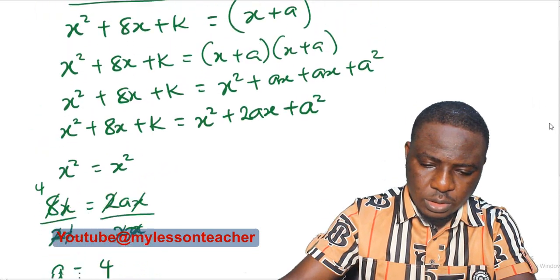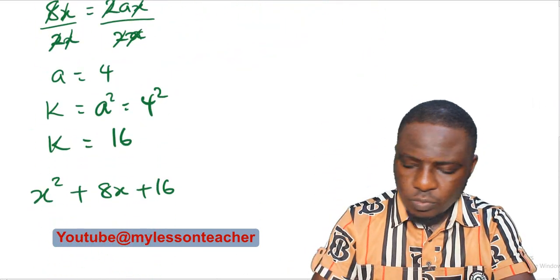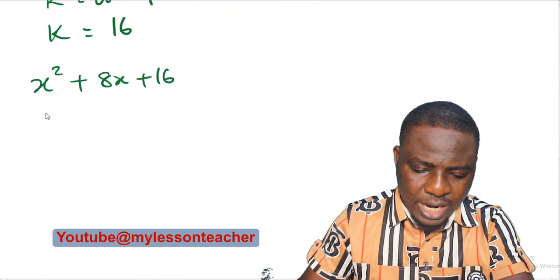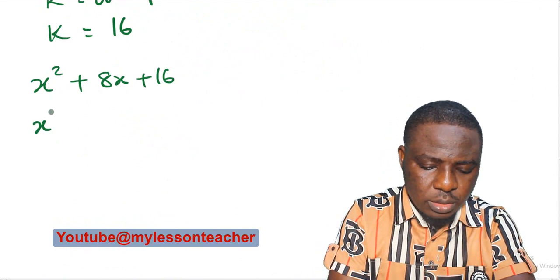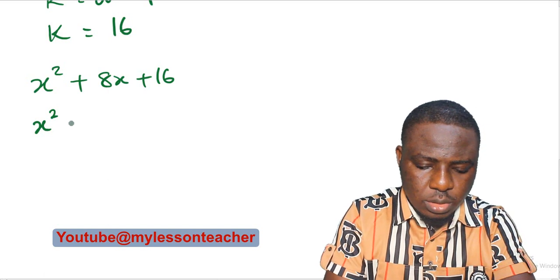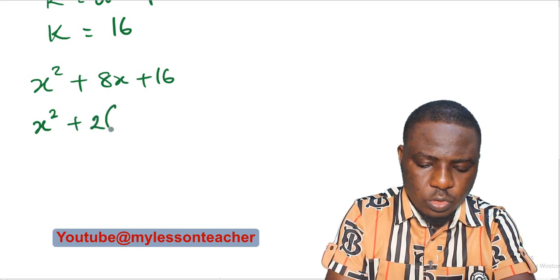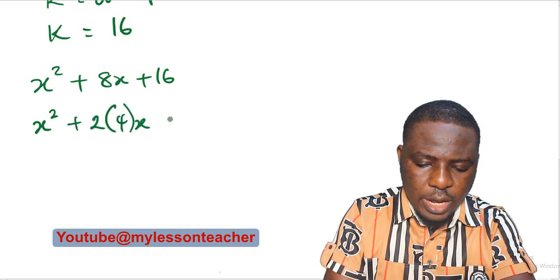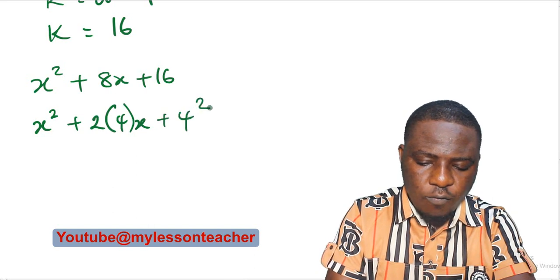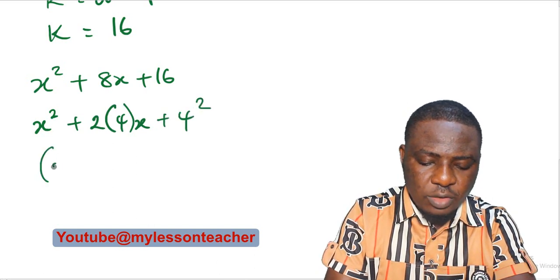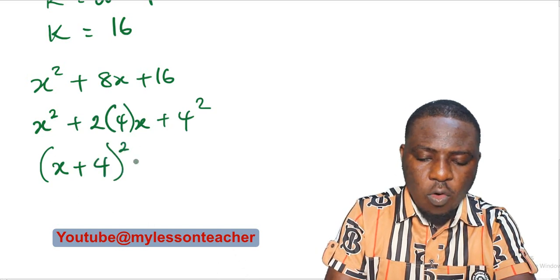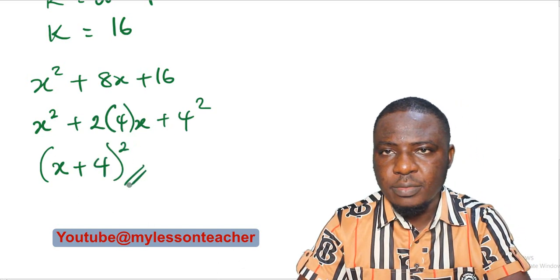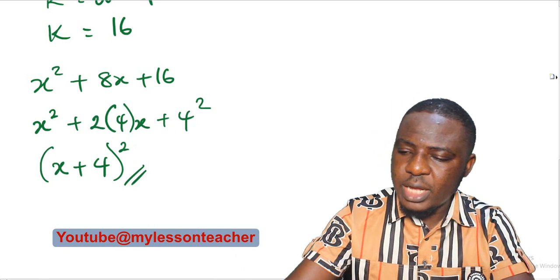We can factorize this by rewriting it as x squared plus 2 into 4x plus 4 squared, so that it can be factorized as x plus the last term, which is 4, all squared. So that is what you will get.